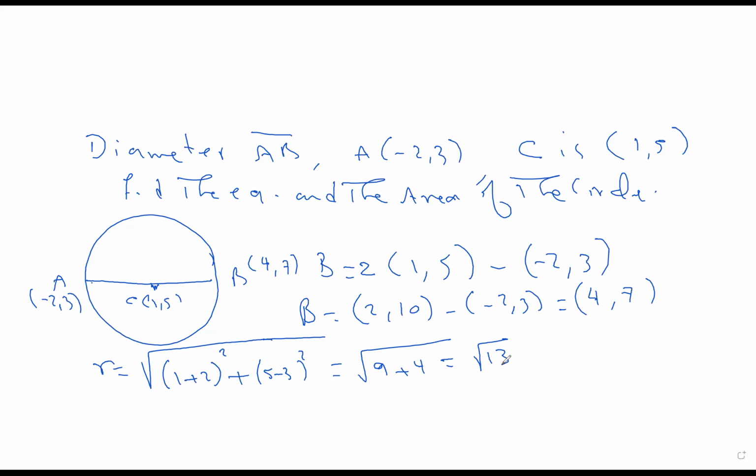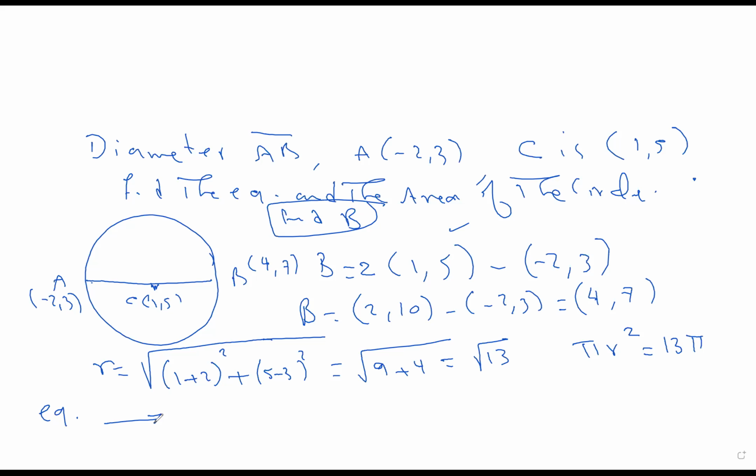Okay, so you have now the center and the radius. And find the area of the circle. The radius is root 13, then the area is pi r squared, which is pi times root 13 power 2, so 13 pi. What about the equation of the circle?